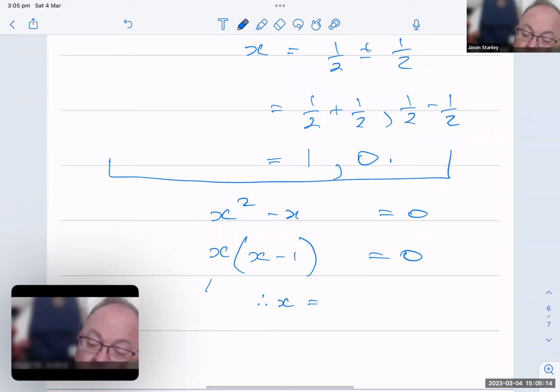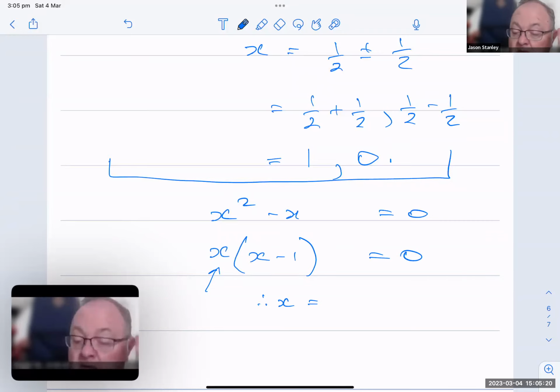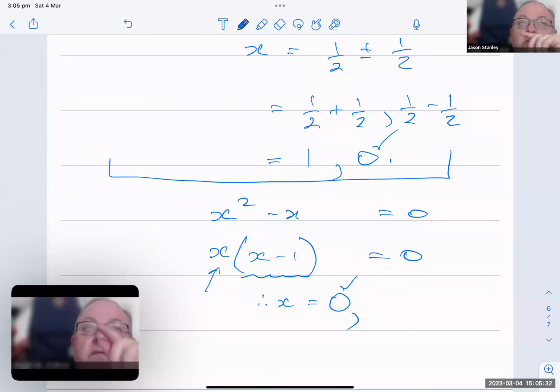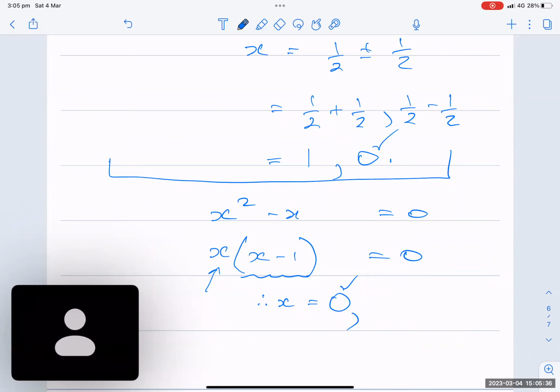Well, if this one's 0, the whole product is 0, because 0 times anything, 0 times brackets anything is 0. So one solution is 0. Oh, look, we already had that. Tick. When is this 0? It's 0 when? What's the x value got to be inside the bracket? 1. Ta-da.